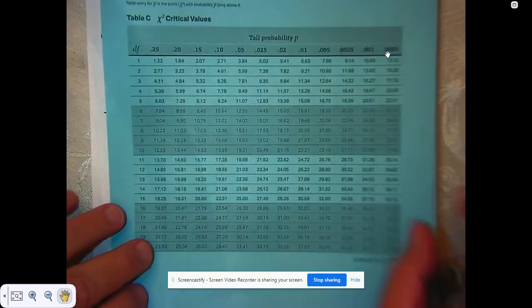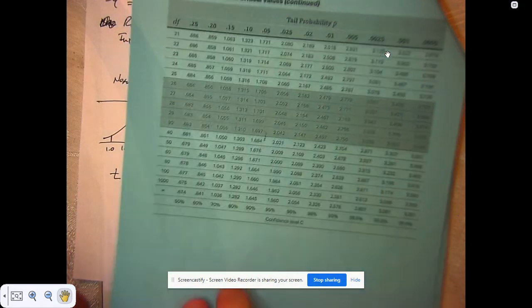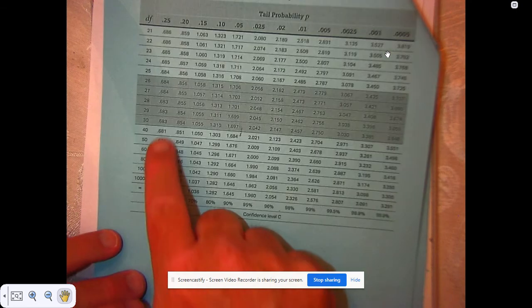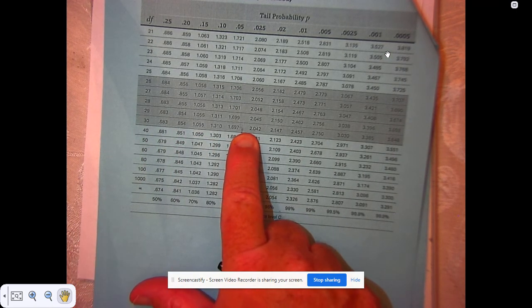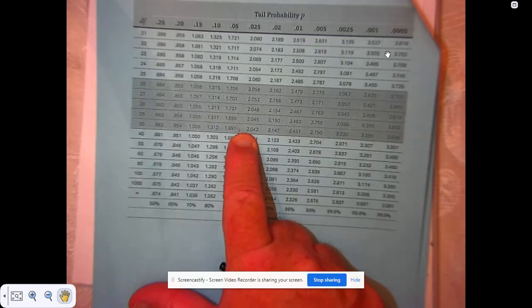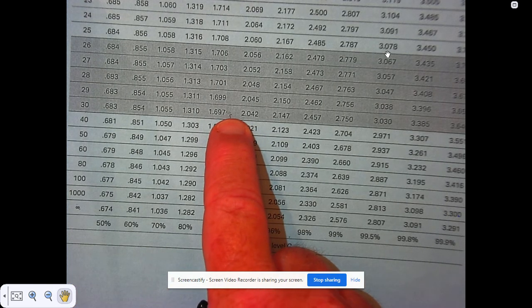Okay, so now 1.97, degrees of freedom of 30. We go over here until we find 1.97. All right. So our 1.97 is right in the middle there. 1.697 and 2.042.